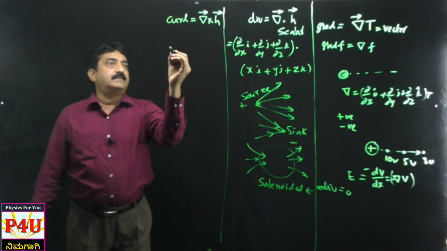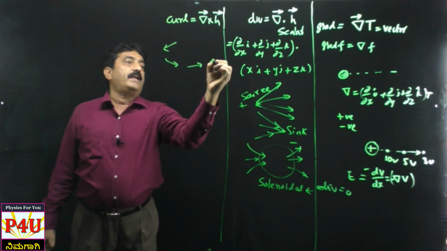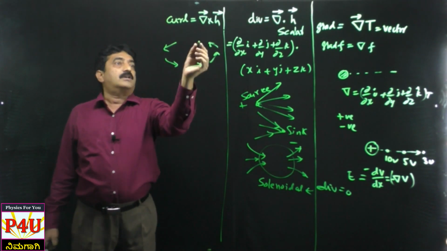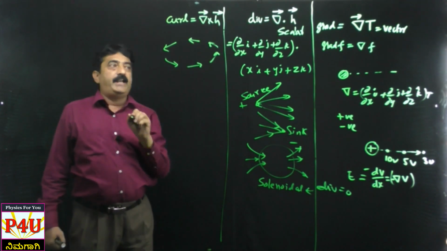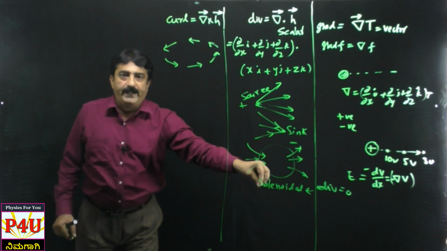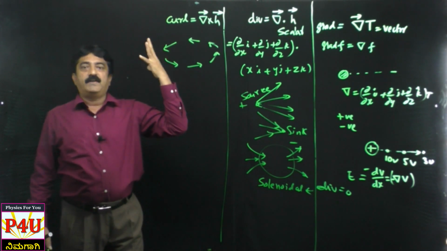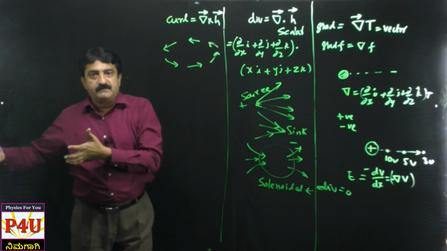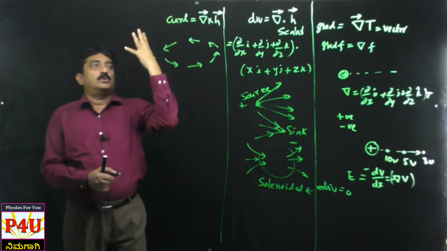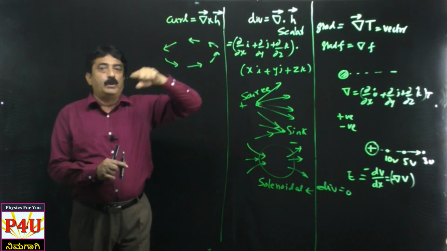Curl represents circulation, rotational effect. Curly hair you might have heard of, no? So curl means something which is rotating. Divergence means something which is coming out or getting in, something like flux, as I told you a few minutes back. So divergence is associated with flux, curl is associated with rotation or circulation.